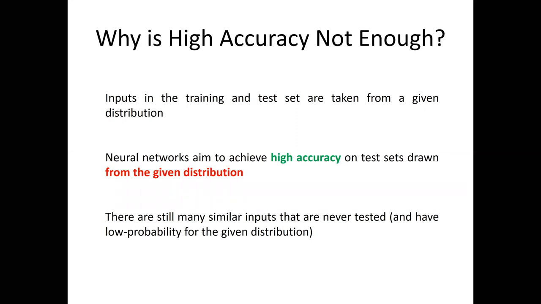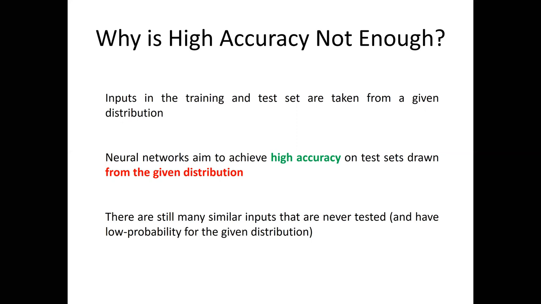Here, in the standard setting of training and testing that we have in standard machine learning, inputs in the training and the test set are taken from the same distribution. And the standard training aims to achieve high accuracy on the test set that is drawn from that distribution.